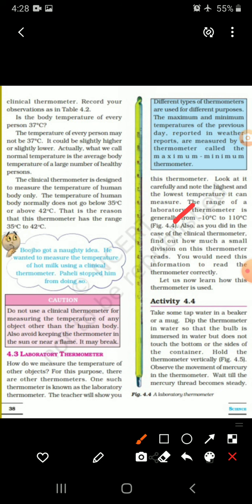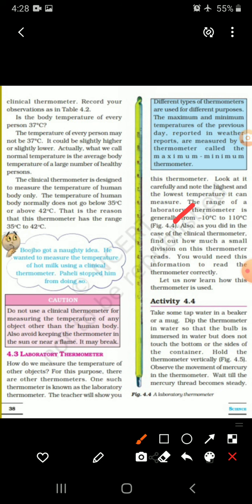In short, you have to take tap water from your tap in the beaker, dip the thermometer, hold it vertically and observe the movement of the mercury in the thermometer. Note the reading. Now compare the temperature of water recorded by each student in the class.